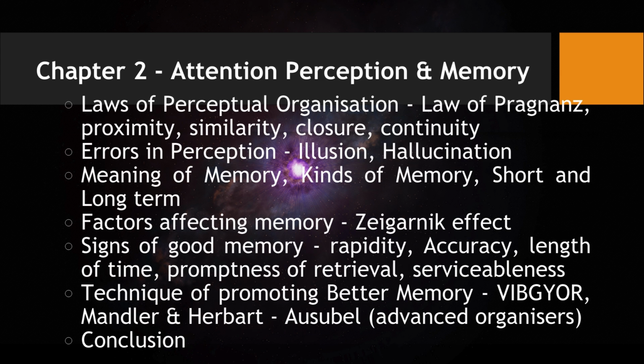What is the meaning of memory? A layman may define memory simply as the capacity to reproduce what is learnt. The capacity to reproduce what is learned, that is memory. Psychologically, it is more complex. Psychologists prefer the word remembering to memory. Remembering is an active process of mental search.